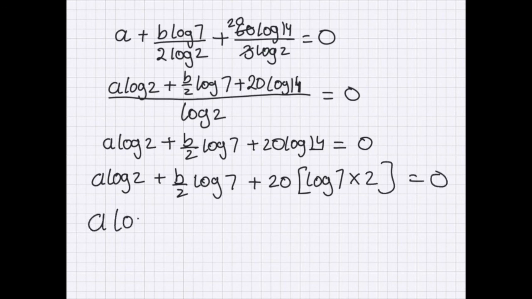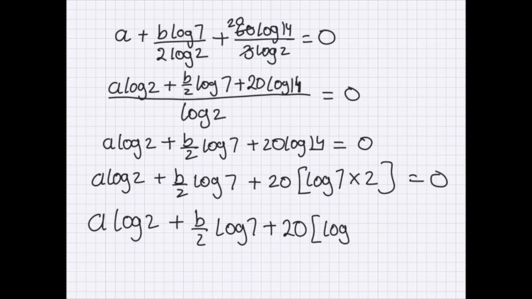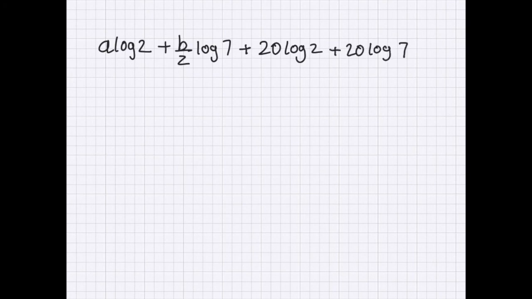So if we simplify this further, we'll have 20 log 7 plus log 2, because this is using the log rules. Now we have a log 2 plus b over 2 log 7 plus 20 log 2 plus 20 log 7.